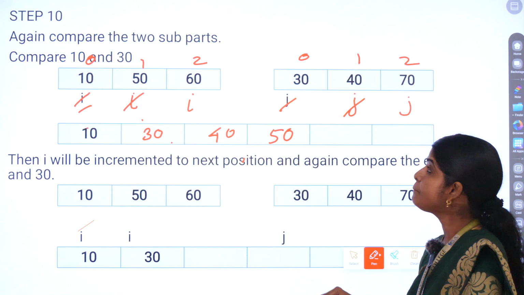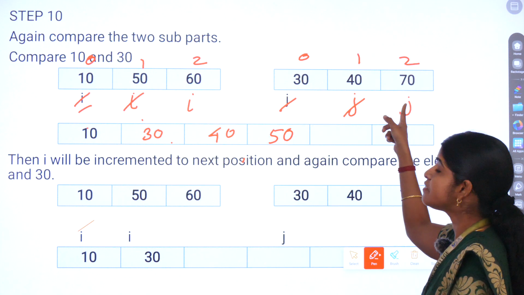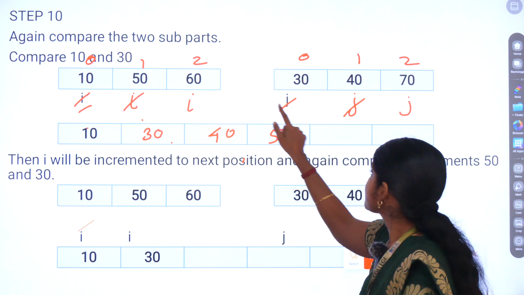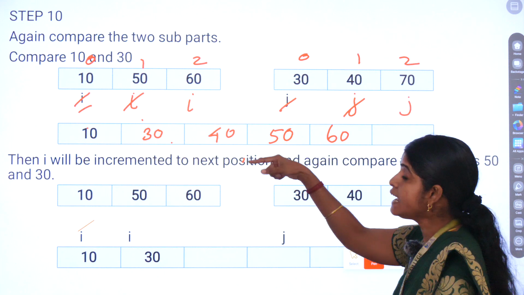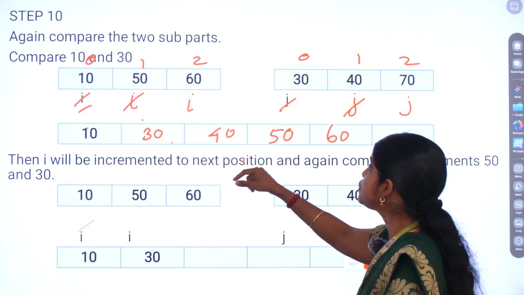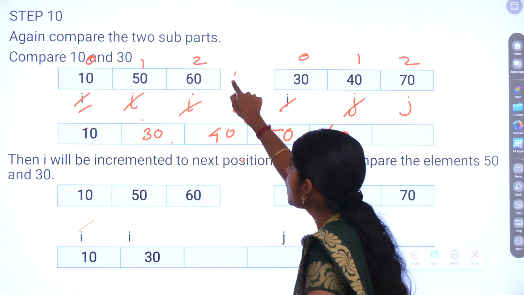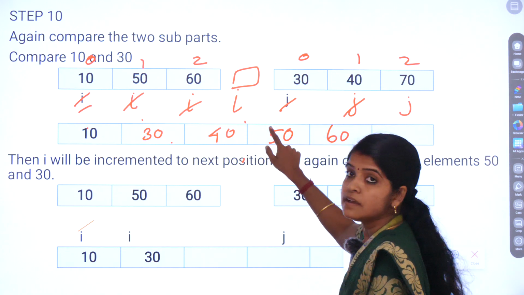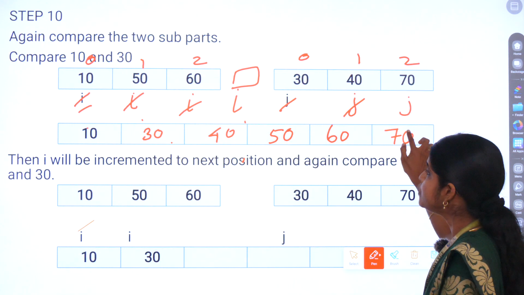Now we want to compare 60 and 70. So here 60 is less than 70, so we want to place the 60 in the new array. After that, again the I value will be incremented to the next position. Here there is no element in this place, so at that time it will take the remaining element into the new array.